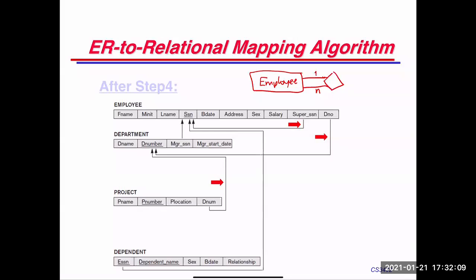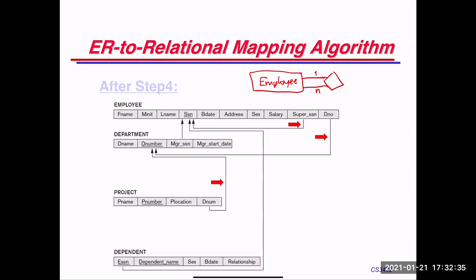There's a question: null values may be present. Yes, your tables can have some null values at this point. This is just a general mapping algorithm that gives you some set of relations or tables from your ER model. It doesn't yet give you a particularly good set of tables, so that's where normalization comes into play.